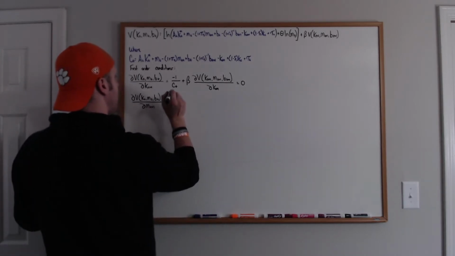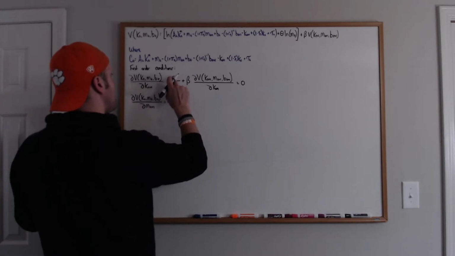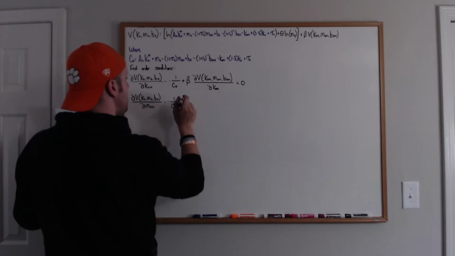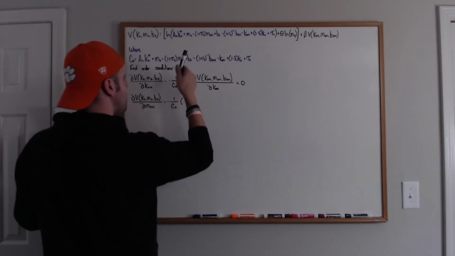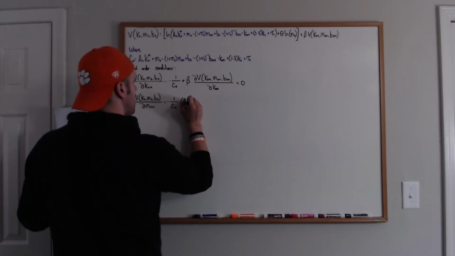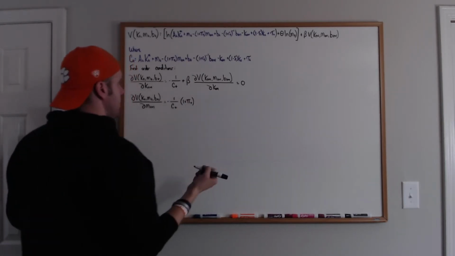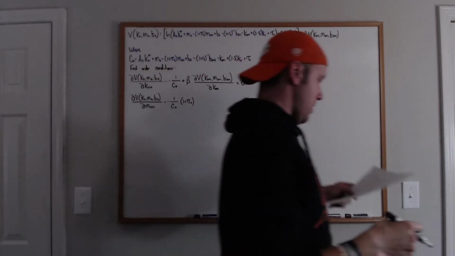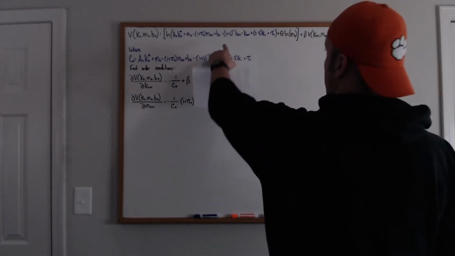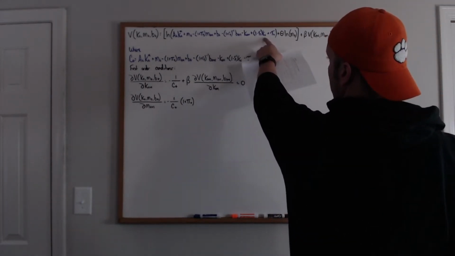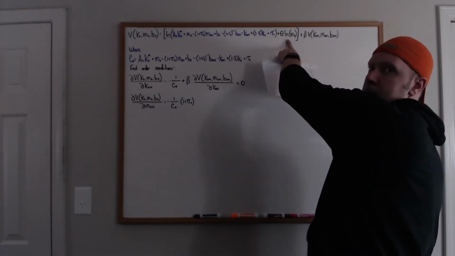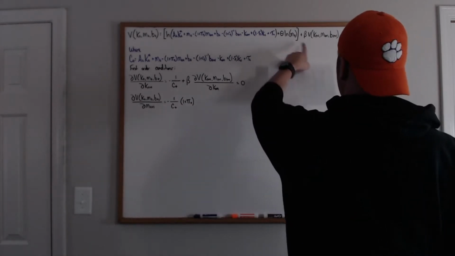I'm going to bring this negative out here. Actually, just for the sake of consistency, I'm going to keep the negative there too. So I get negative 1 over C_t times the derivative of the inside, which is 1 plus the inflation rate. Like that. All right, now I go through the rest of this thing. I've got the derivative of everything in purple. Is there an M_{t+1} there? Goes to 0.